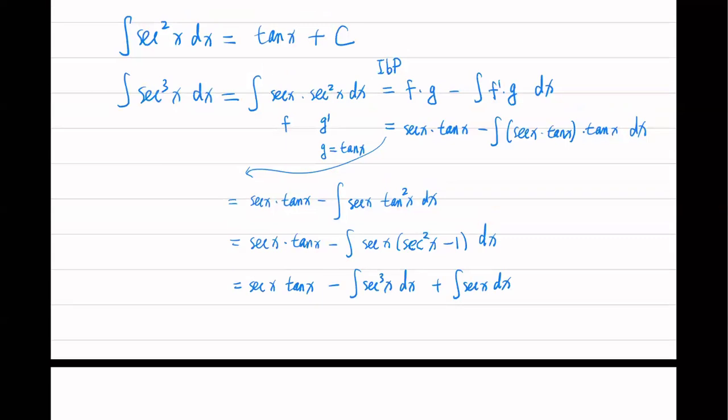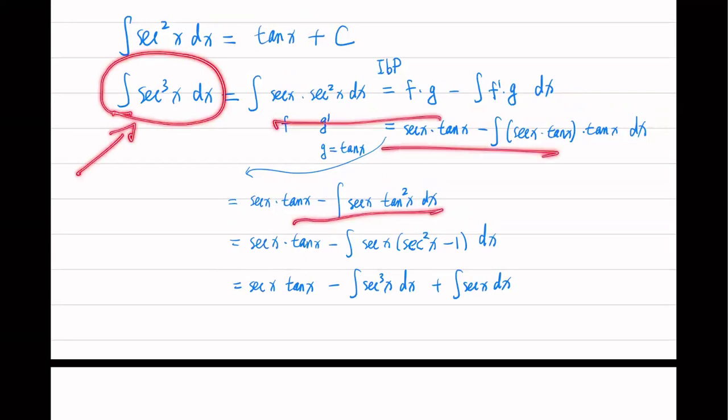Interesting thing. We wanted to integrate this. We do quite a few steps, and we end up with the exact same term with opposite sign.